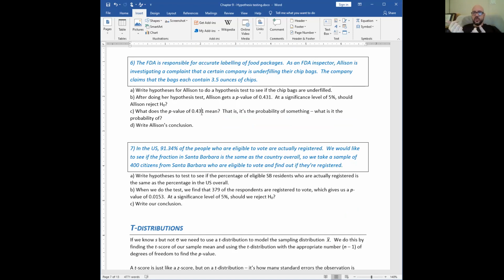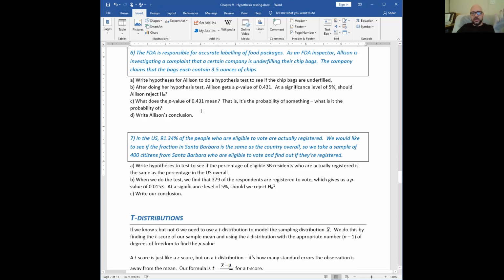She would have to use a t-distribution because she doesn't know what the population standard deviation would be, right? And why would she? I mean, she's an FDA inspector, maybe she would, but you have to have extraordinary extra information to use a normal distribution instead of a t-distribution. Most of the time, you don't actually know what sigma is, and so you end up using a t-distribution most of the time. So here's the idea with a t-distribution.